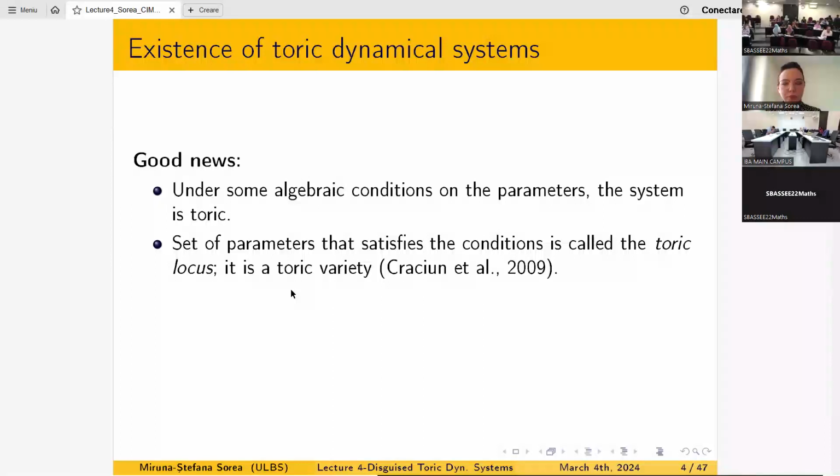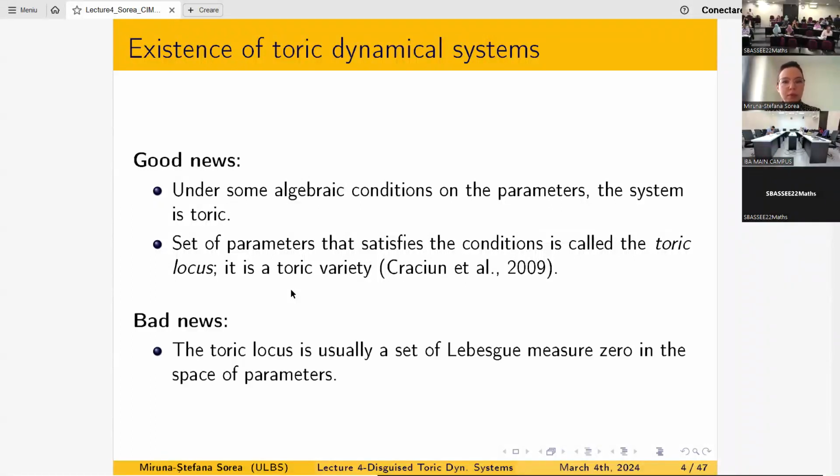You use the matrix tree theorem, we use the ideals and so on. But the bad news there was that the toric locus is usually a set of Lebesgue measure 0 in the parameter space. It was a set of codimension 1 in the previous example. So it's usually difficult to find in the parameter space such nice systems.